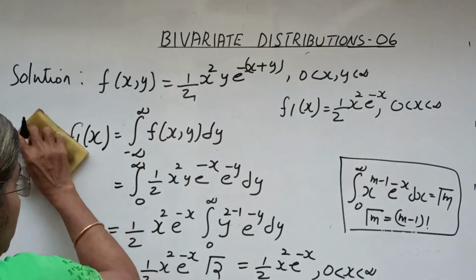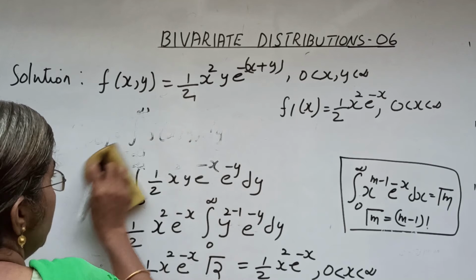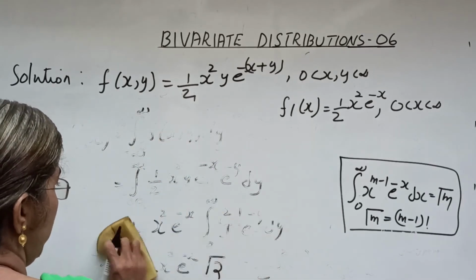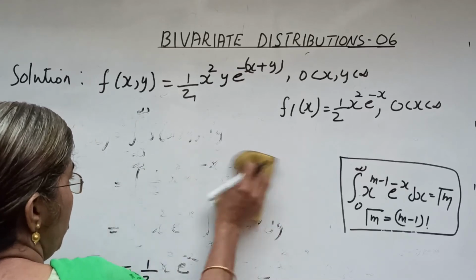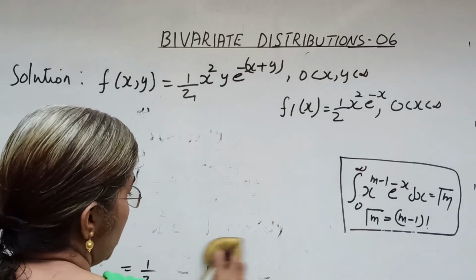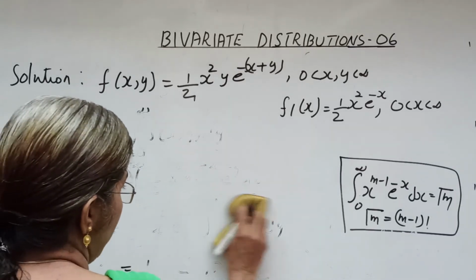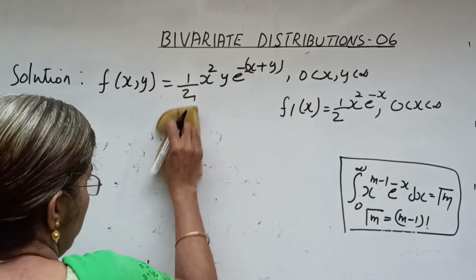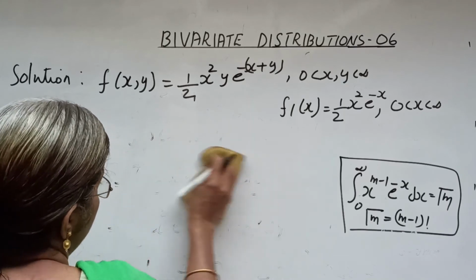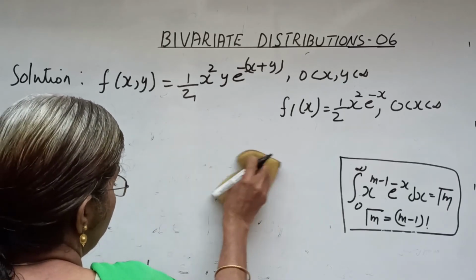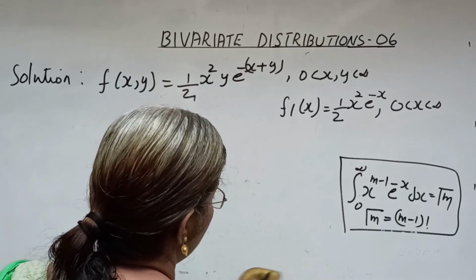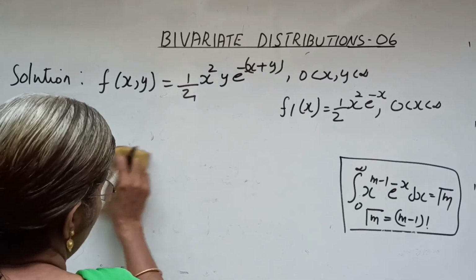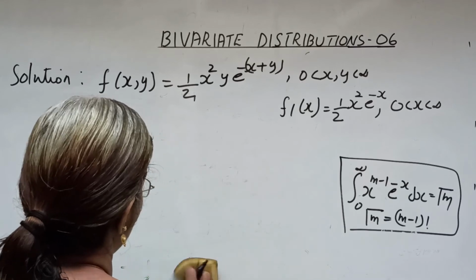Now we are obtaining f2y. Similar integration, similar result. When we have to obtain f2y, it should be a function of y, so we have to eliminate x. That is, we are integrating f of xy with respect to x. f2y equals the integral from minus infinity to infinity of f of xy dx.